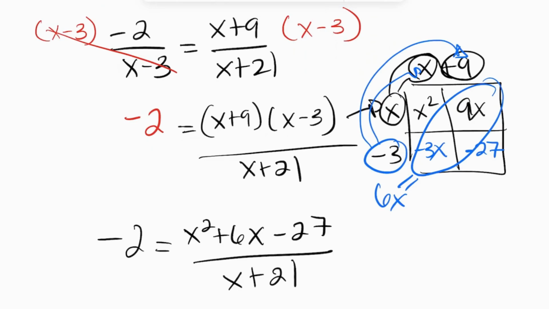From here, we're going to go ahead and multiply both sides of the equal sign by x plus 21.